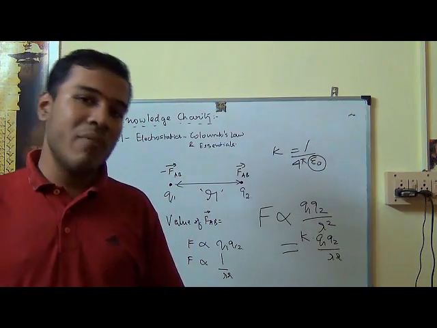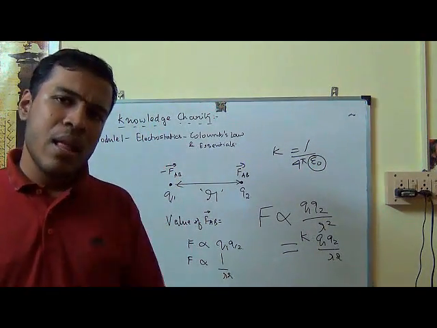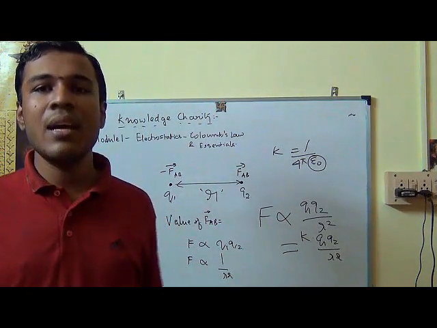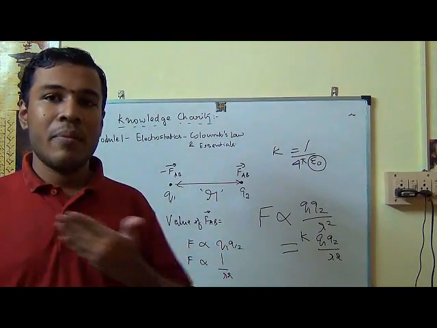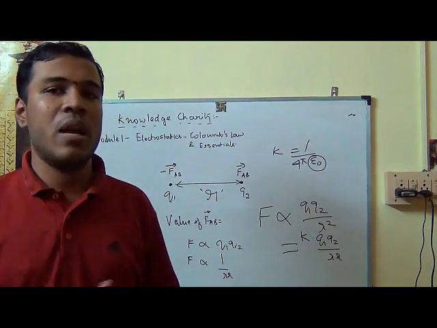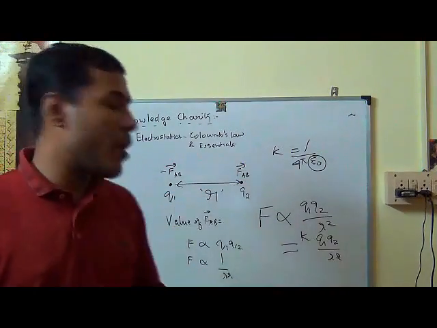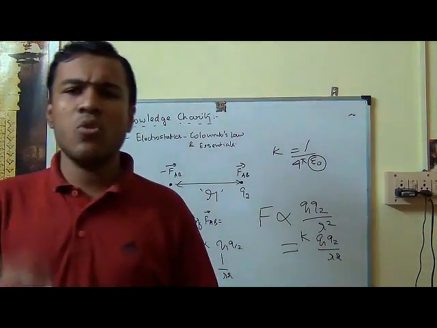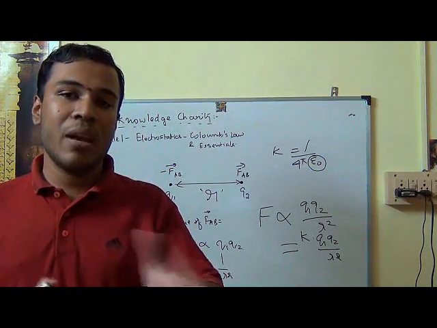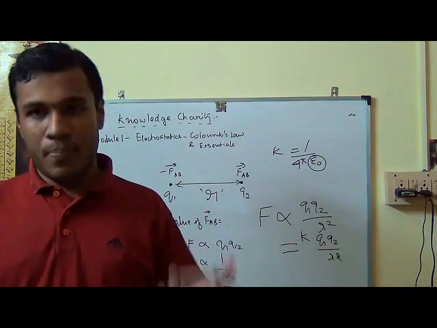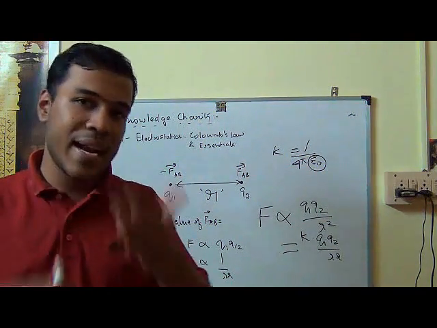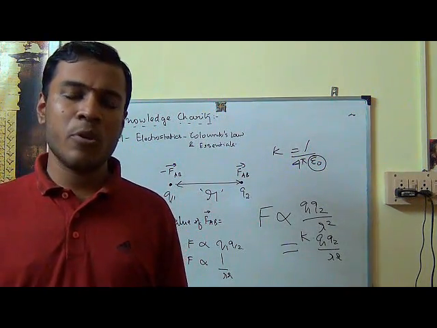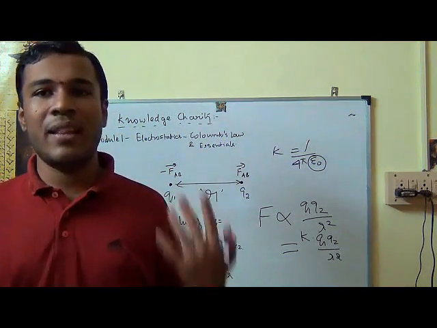In our syllabus, or in true physics, from the formula that is given you derive the relation. It is not that from the definition you go to the formula. So let us take this. Q1 and Q2 are point charges. Coulomb's law states that the force between any 2 point charges is directly proportional to the product of the magnitudes of the charges and inversely proportional to the square of the distance between them.